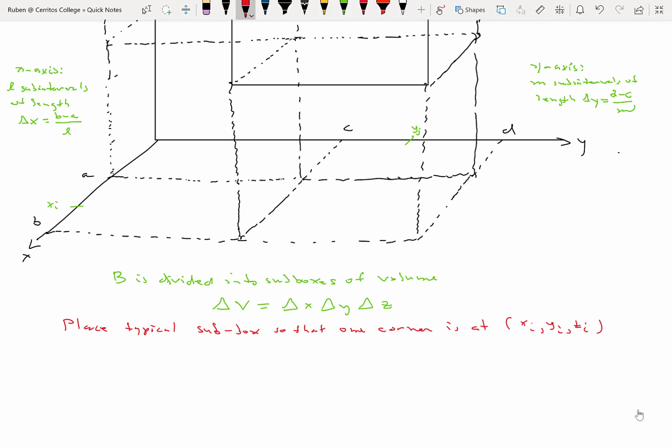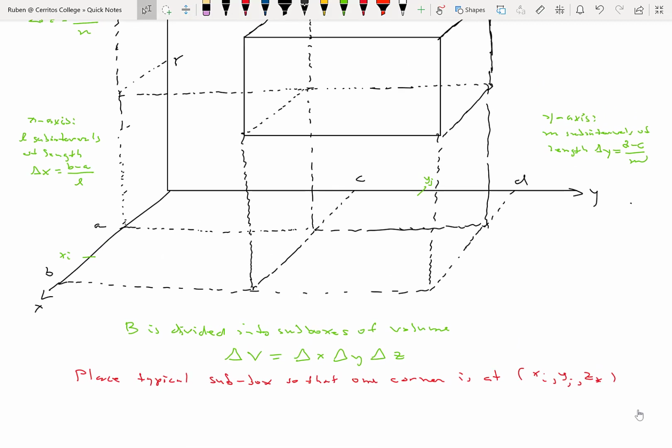Actually, I've got those subscripts on y and z not correct. x sub i, y sub j, and z sub k. That's better. Okay, I'm going to draw that.